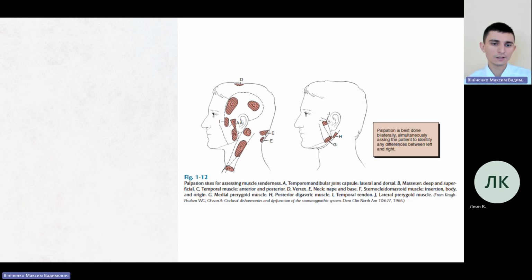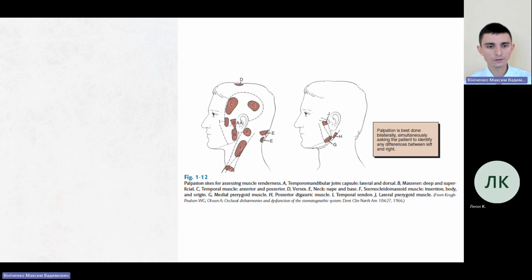The sites for assessing muscle tenderness. Temporomandibular joint capsule, the lateral and dorsal. Masseter, deep and superficial, temporal muscle, anterior and posterior. D is the vertex. Neck, nape, and base. Sternocleidomastoid muscle, insertion, body, and origin.